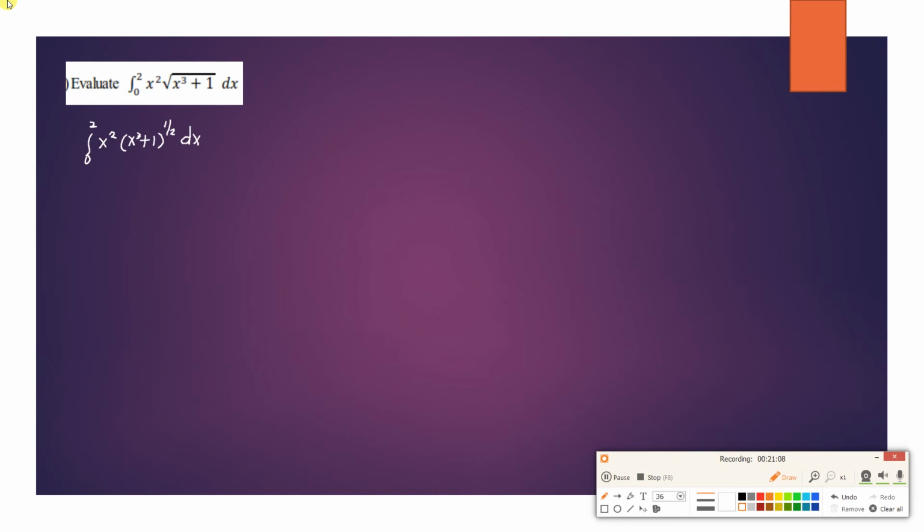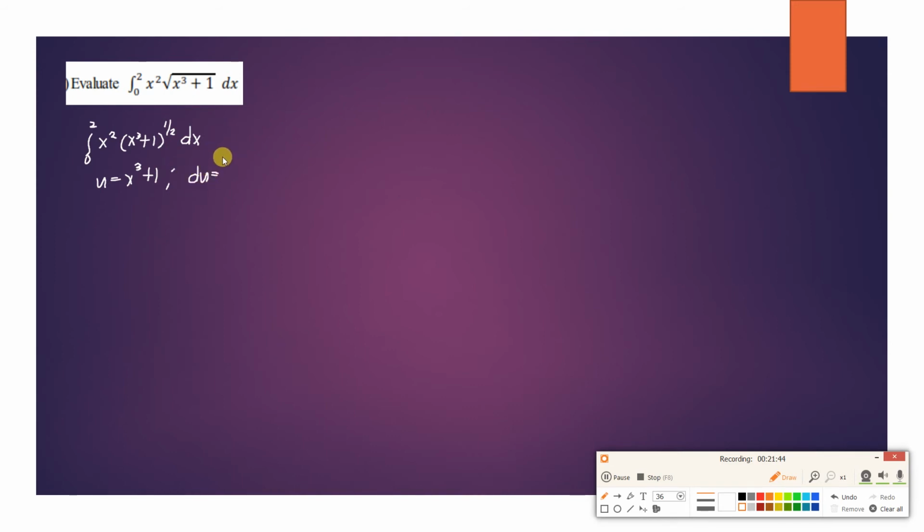Dapat unang tingin nyo pa lang, may kiliti na sa utak nyo: uy, product siya, makakancel ko ba yung isa? Pag hindi makakancel yung isa, apply by parts o yung product rule, yung uv minus integral of v du. Pero kung makakancel naman, hindi na kailangan yon. Dito, obviously, we can eliminate x squared. Paano tatanggalin si x squared? If I'm going to let u be x cubed plus 1, so we can have du.